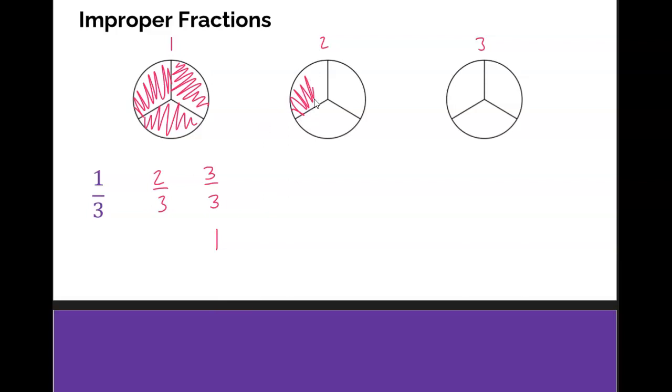Now if we go up by another third, that's going to be 4 thirds. We're writing this as an improper fraction so we can see this pattern of counting by thirds. So we'll go up by another third, and this is going to be 5 thirds. We'll go up by another third, and that will be 6 thirds, again reducible to 2. So we have 2 whole circles colored at this point. And we could keep going.